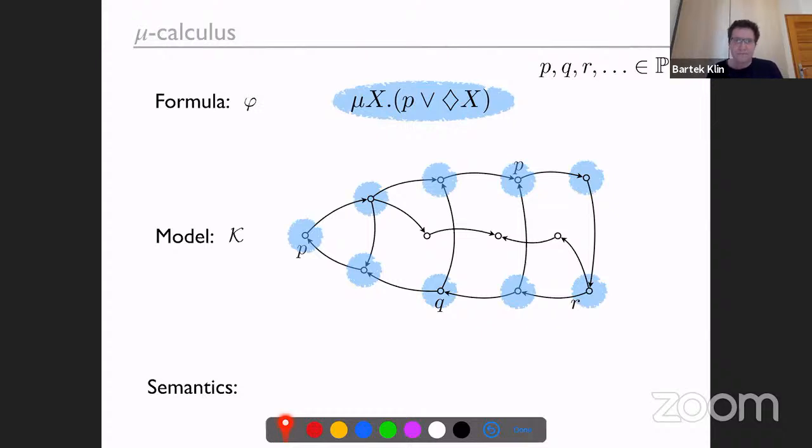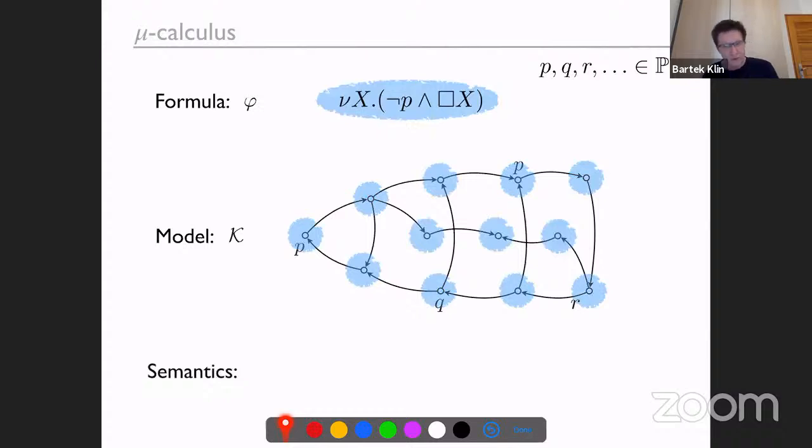But we can also use other operators that in fact are definable in the ones that I've already given you. For example, this is the greatest fixed point operator. And we also have the box modality that says that something happens in every direct successor of the current state, not in some, but in every successor.